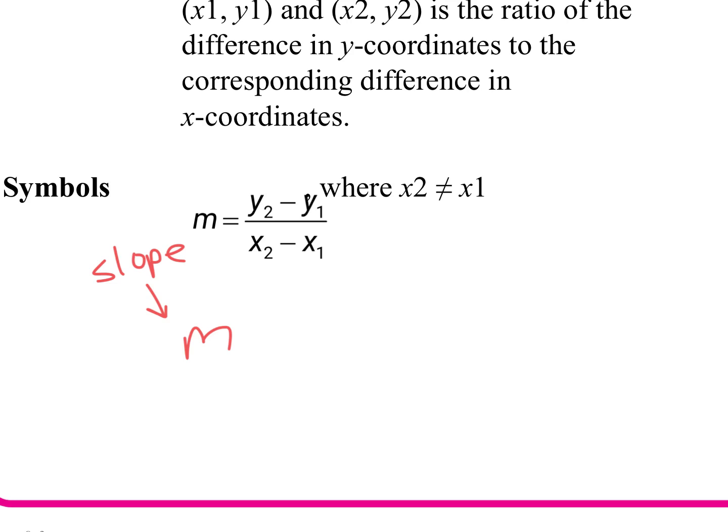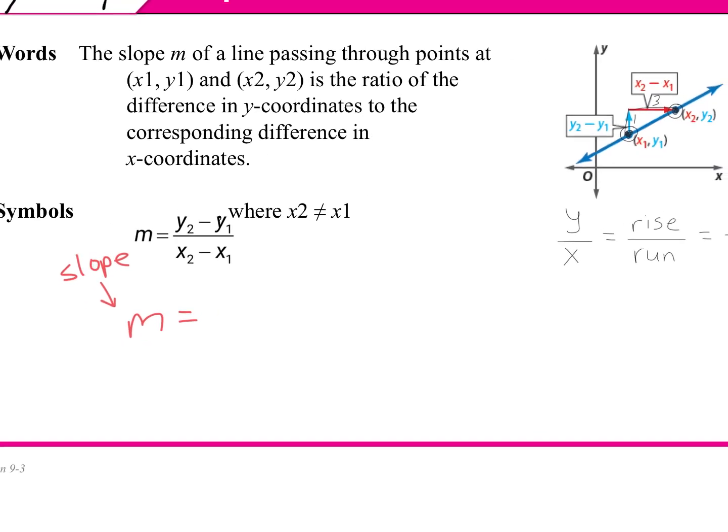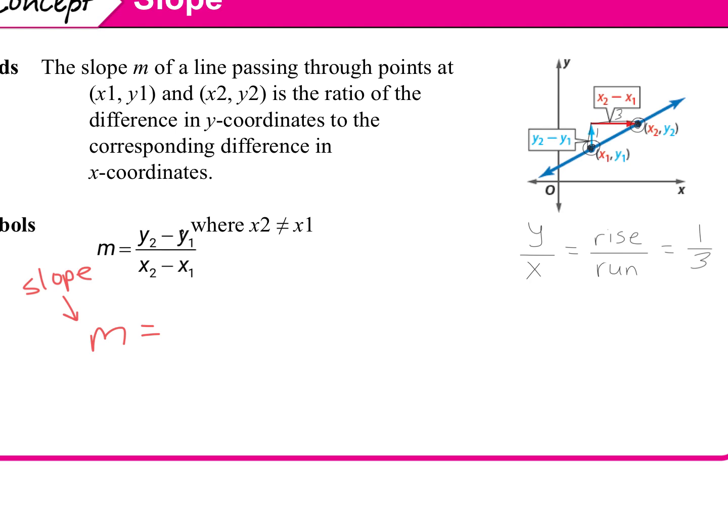Remember over here we talked about y over x meaning rise over run. With that slope formula, we have y2 minus y1 over x2 minus x1. Everyone write that down. That means the same thing as rise over run. Way back in chapter 1, first thing I ever taught you. What's another word we can use for subtraction?